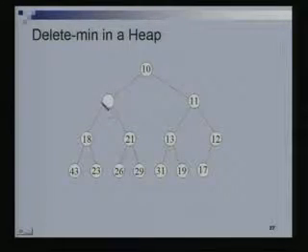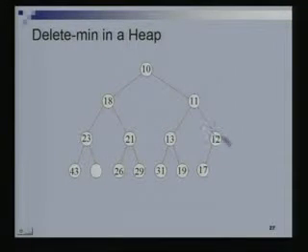I have an empty location now here. So it's natural to take the smaller of these two and move it up there, and this moves the empty location here. And now it's natural to take the smaller of these two, 23 and 43, and move it up to that empty location, so that now we have an empty location here.